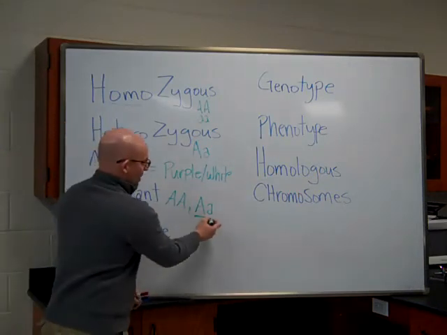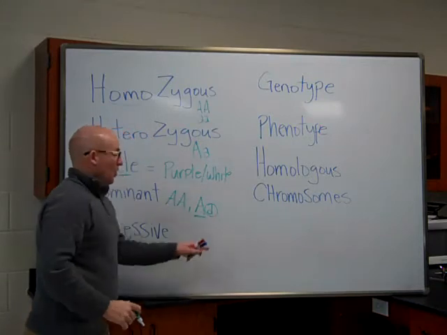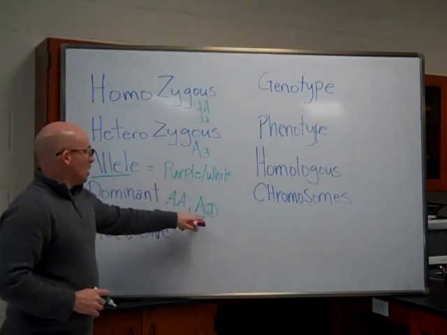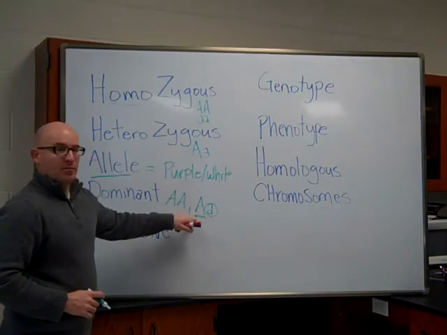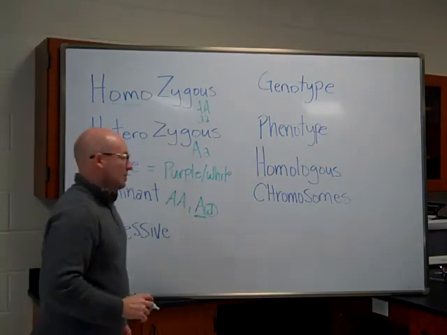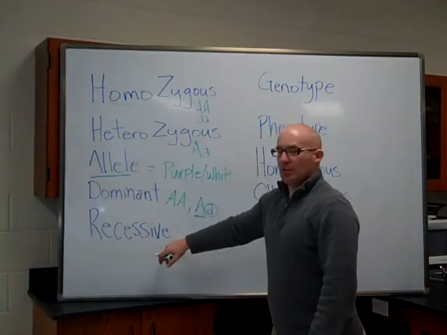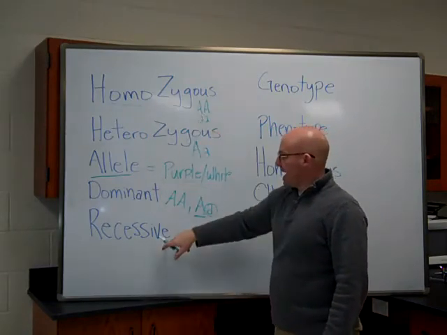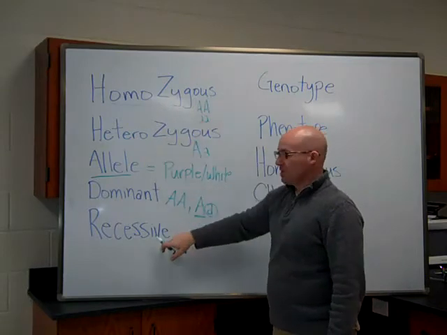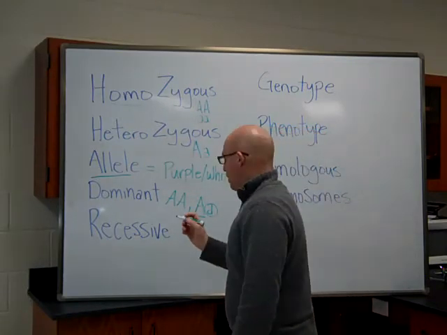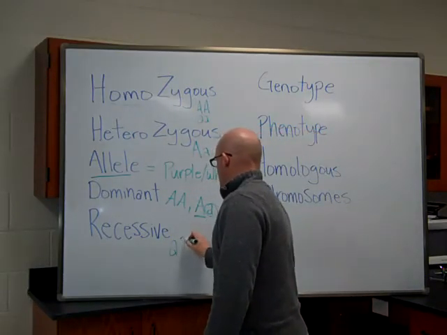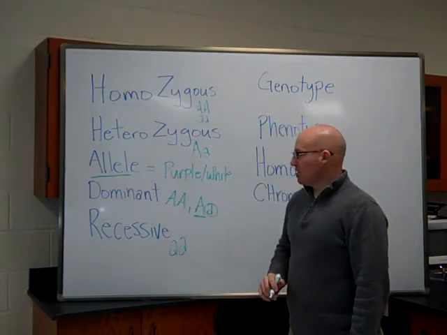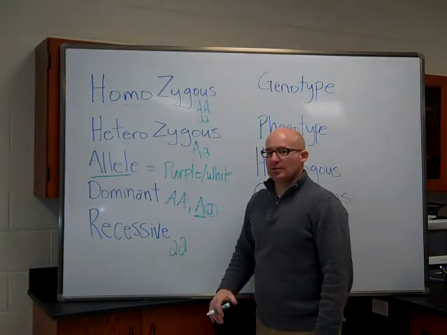Even though it has one copy of the white allele also, the little a, it's still a purple flower because it has one copy of the dominant gene. For recessive, the only genotype we use is homozygous recessive. So the white flower has to be little a, little a. So we have dominance and recessiveness.